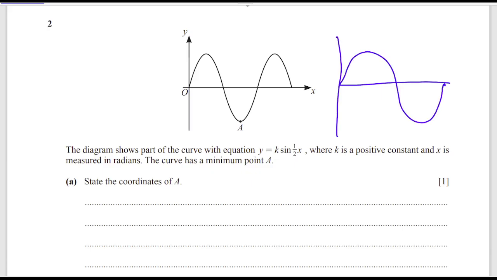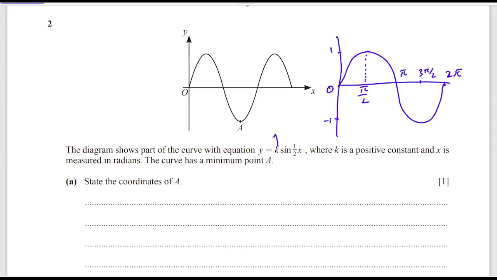The 4 key points in the sine graph are its starting point 0, the next maximum point at pi over 2, then 0 at pi, then the minimum at 3 pi over 2, and then 0 at 2 pi. Also, the maximum value that the sine graph can take is 1, and the minimum is minus 1.